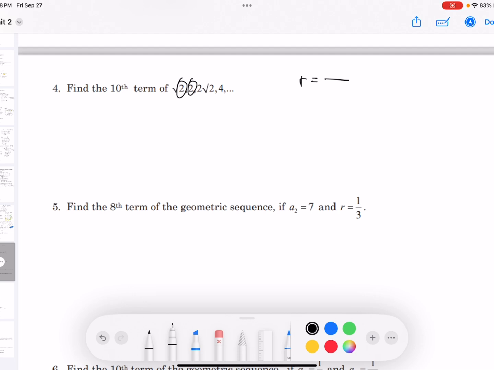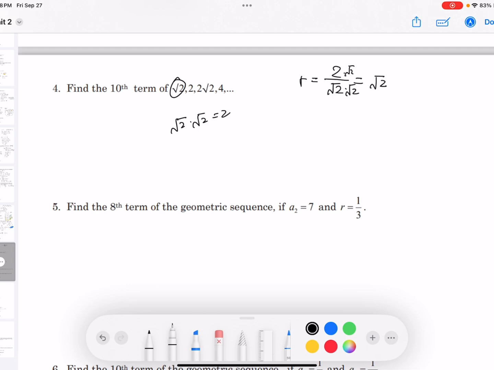I can use my second term, a sub 2 over a sub 1, and do the division. When we rationalize this, we multiply by square root of 2, top and bottom, and we have square root of 2. We can also prove it is true. The first term, square root of 2 times square root of 2, is 2.